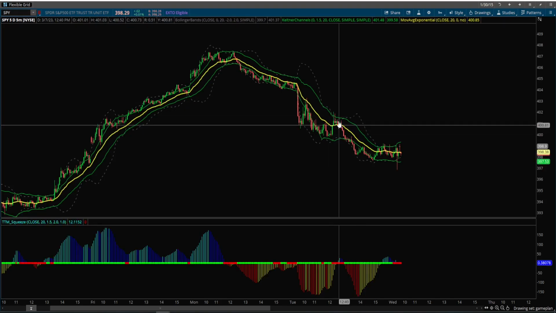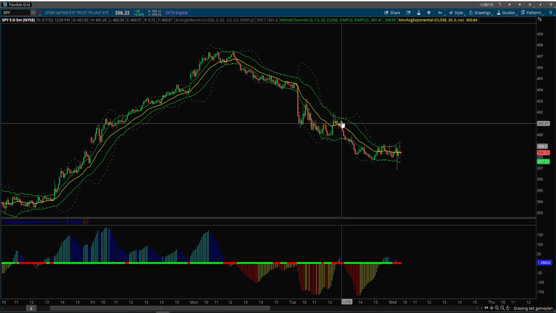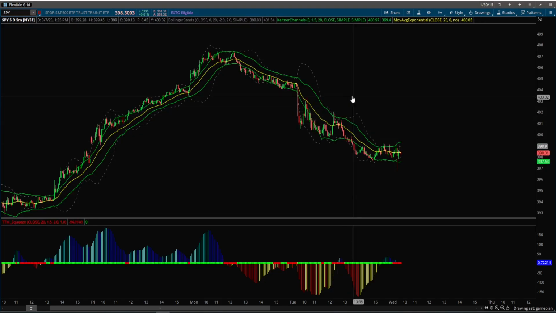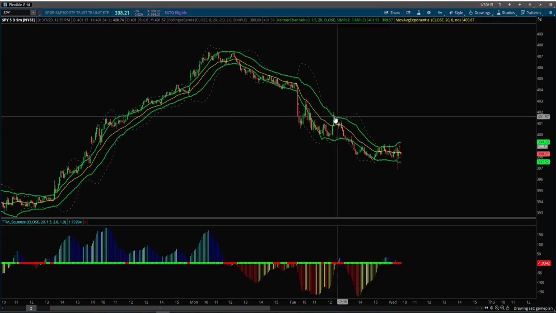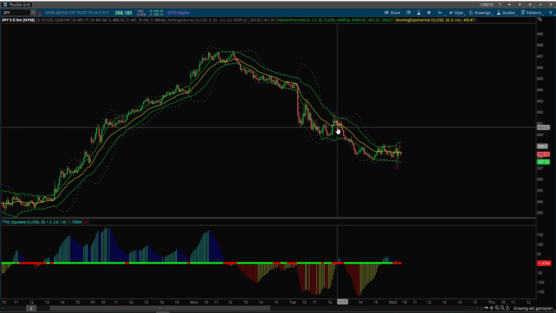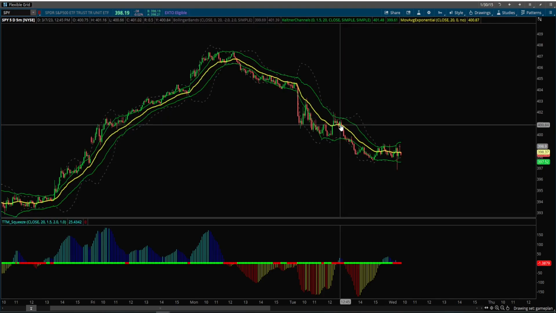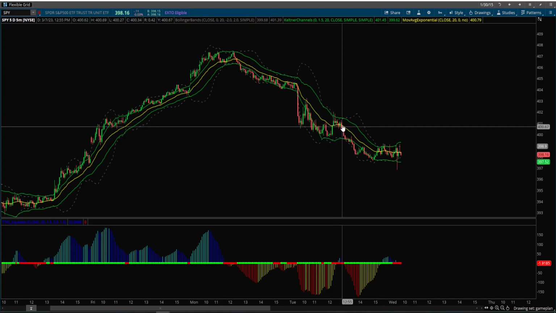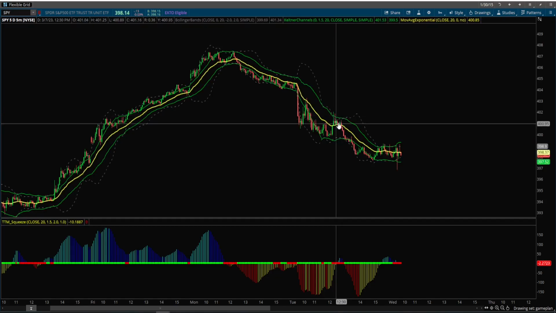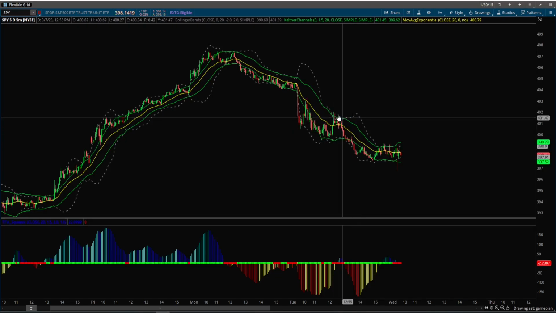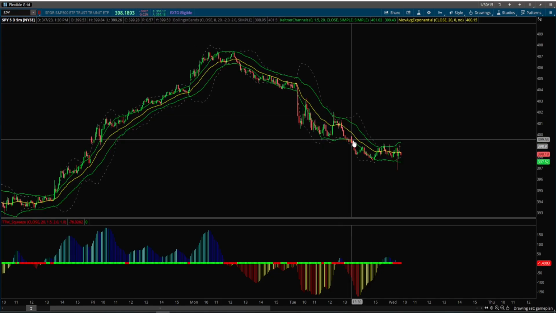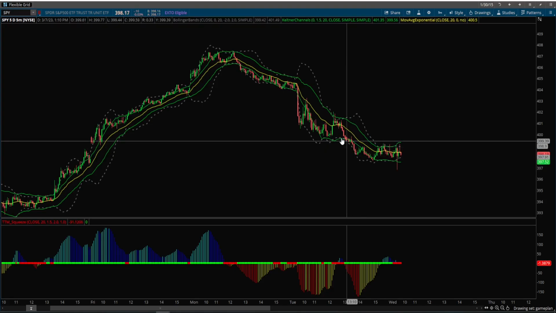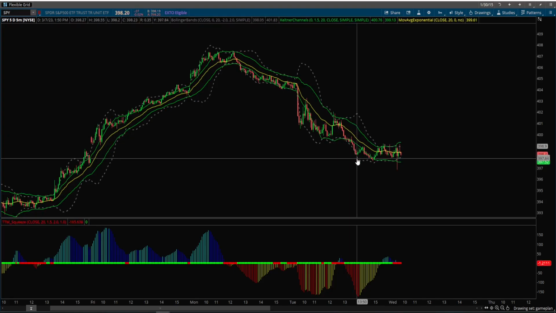I like to view it in terms of statistics, right? When the standard deviation is inside of the average price channel, within the mean, that is a volatility compression. That is a buildup of energy. When that happens, there's a higher statistical probability that there will be a volatility event in the market, right? As you can see here, we had our squeeze, we had the volatility compression, which led to a volatility expansion, so the standard deviations could return out to the extreme.